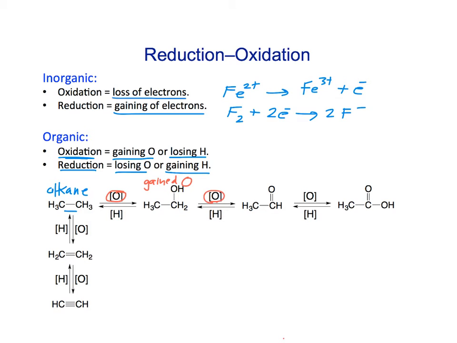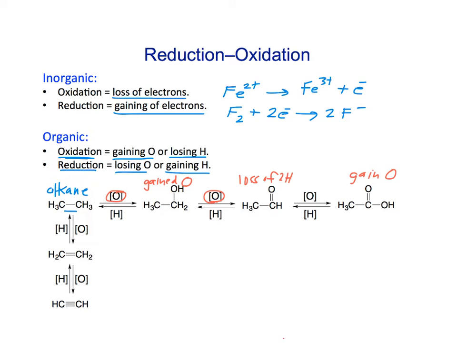We can oxidize again to an aldehyde, and that involves removing two hydrogens. Oxidizing an aldehyde to a carboxylic acid again involves gaining an oxygen. So in the oxidation direction, we're either losing hydrogens or gaining oxygen. Of course, if going from left to right is oxidation, going from right back to left is reduction. So those two are just in opposite directions.